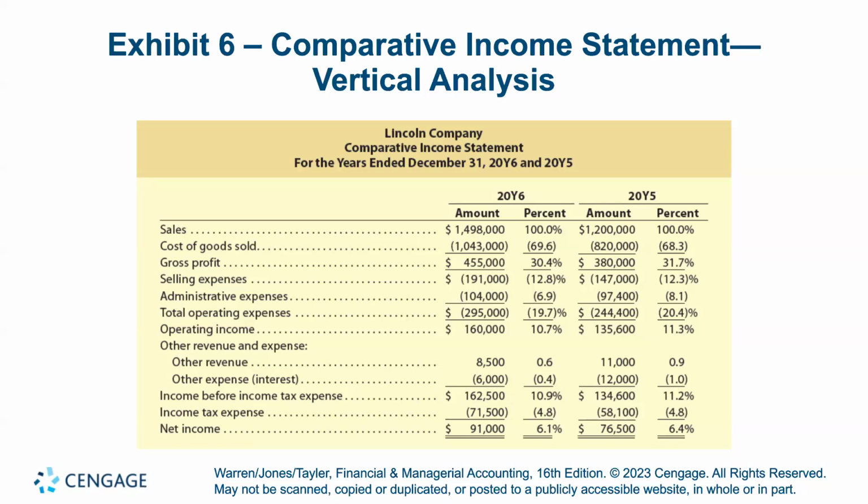Another way of looking at this number would be for every dollar of sales, I get 6.1 cents in profit. Okay. Do you guys know what this is called, the net profit margin? This is your net income as a percentage of sales. You guys have a guess at what Walmart's net profit margin is?